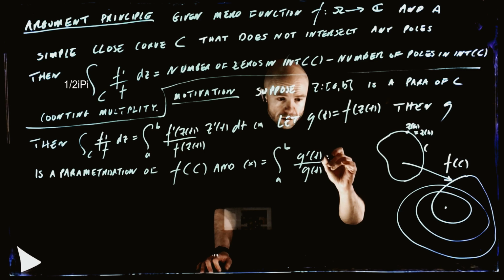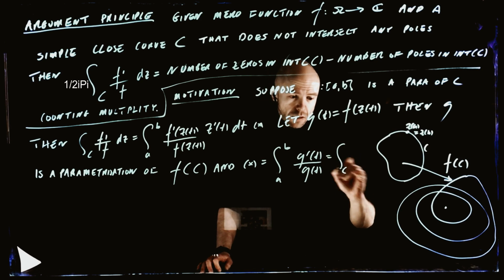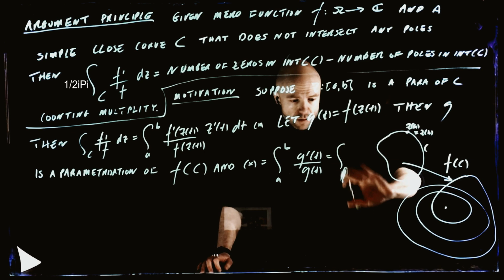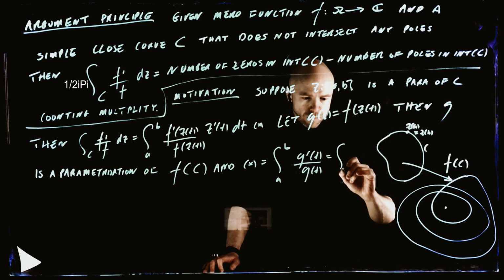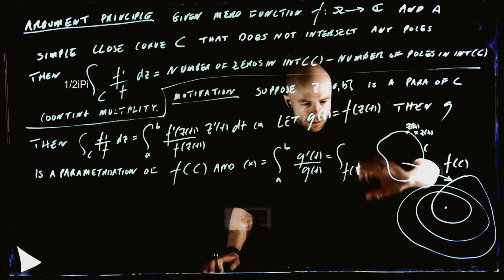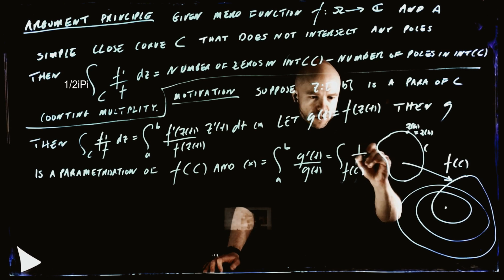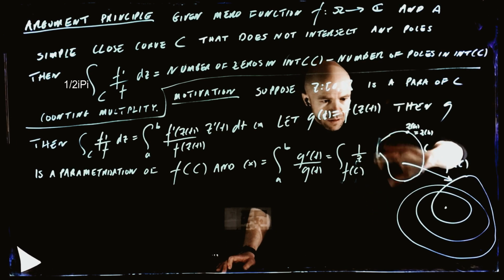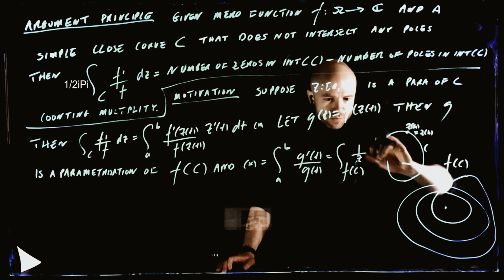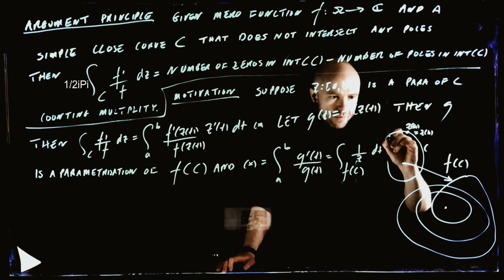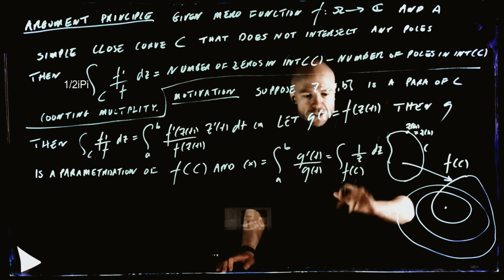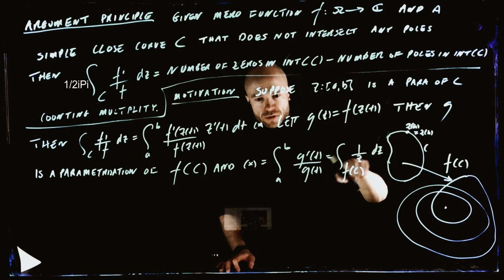So then this thing is nothing other than the integral around the image of the closed curve f of C of 1 over z dz, which is exactly the winding number of the image of C under f.